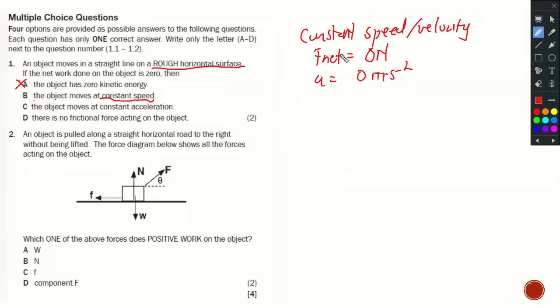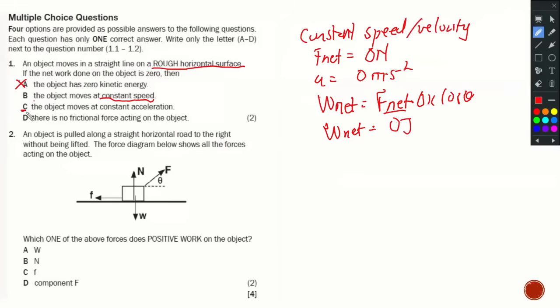So if our F net is 0 newtons, that means W net, remember W net is F net delta x cos theta, so if this is 0, then it will follow that our W net is also 0 joules. So B has to be the correct option.